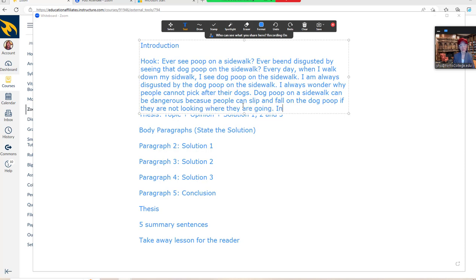In addition, people can get dog poop on their shoes and bring the dog poop into their homes, where children can catch diseases from the dog poop.